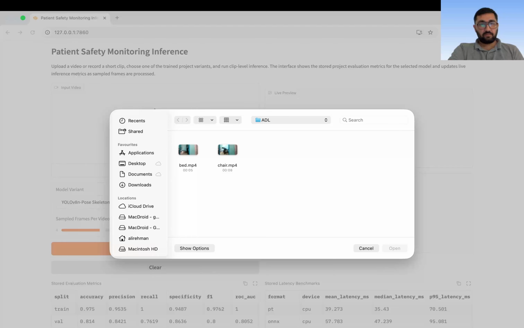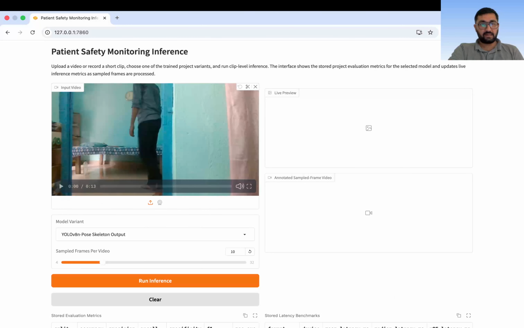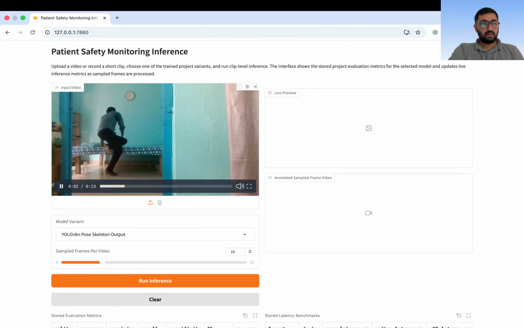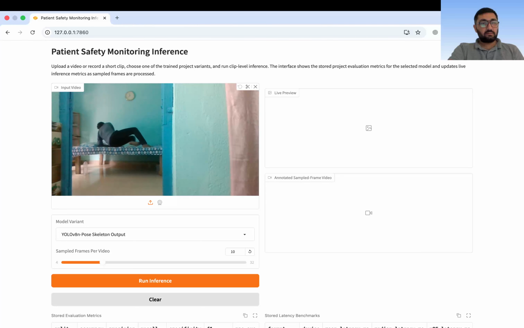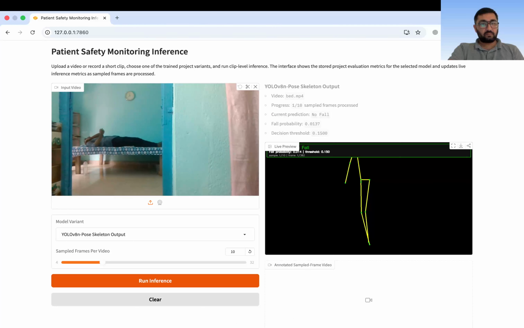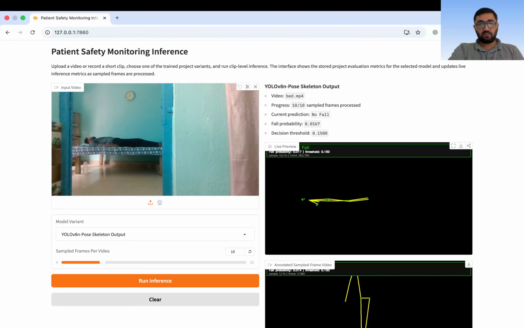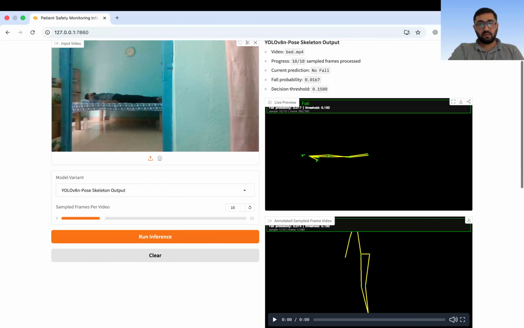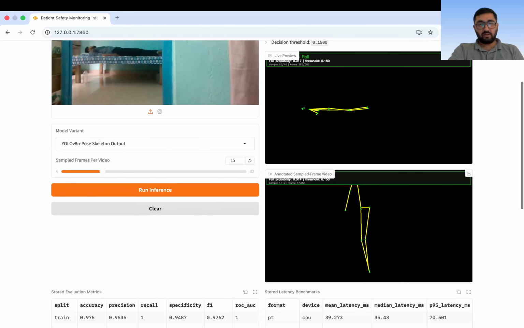Now let us first upload a video in which a person is lying on the bed. As you can see, he's doing nothing, so there is no fall detection. Current prediction: no fall detection.